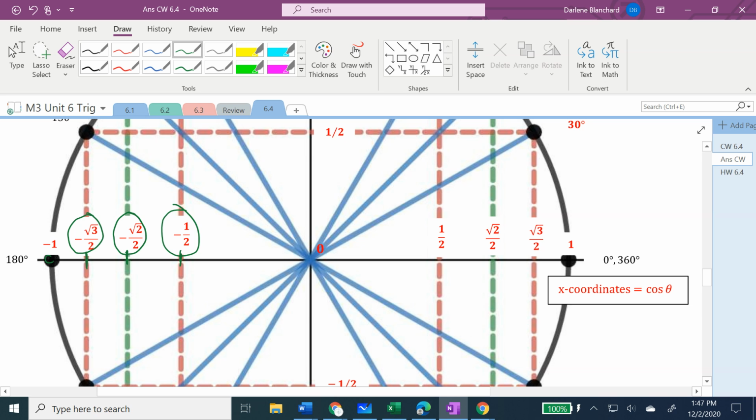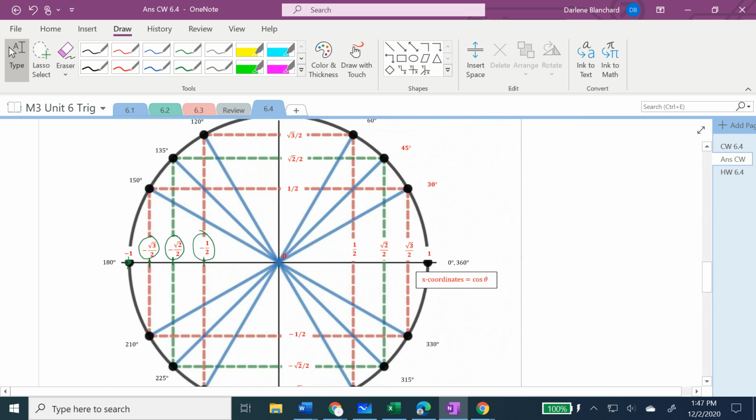And when you finally reach this far end, the x-coordinate there is negative 1, because the radius of the circle is 1. So all of the blue lines that you see drawn here, unless you're colorblind, sorry, each of the blue lines has a length of 1. Every single one of them has a length of 1.